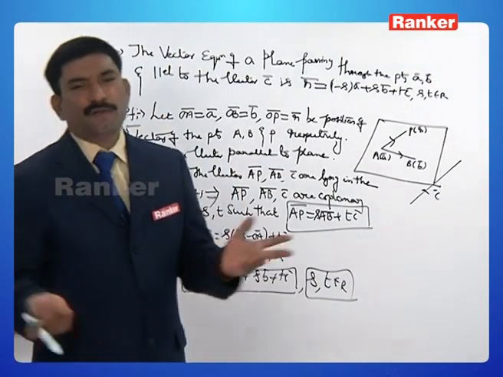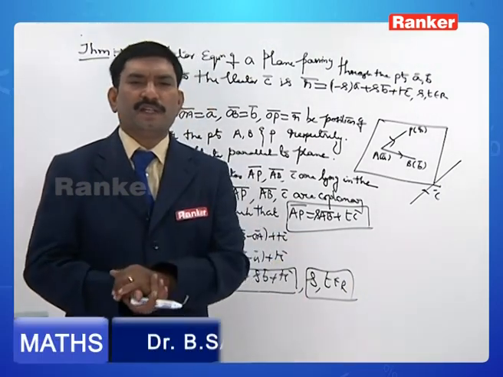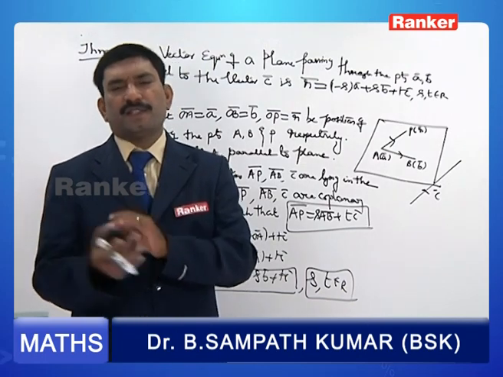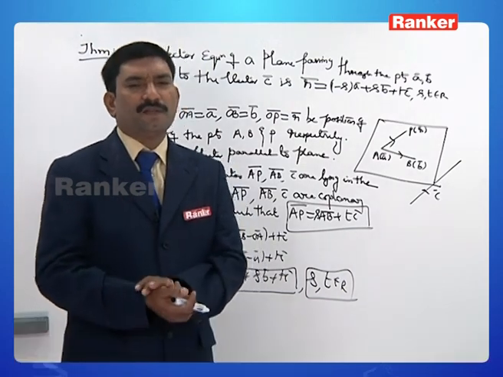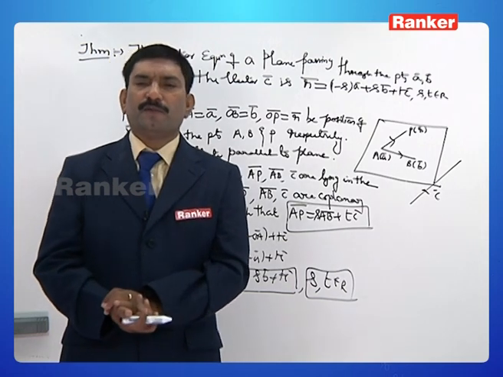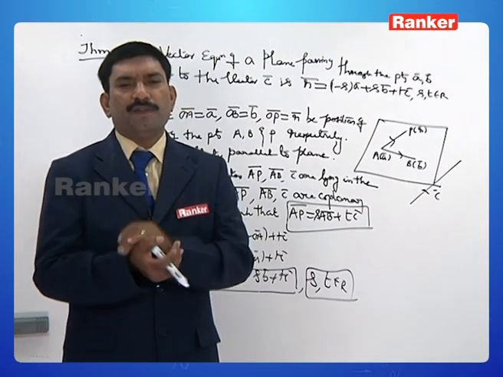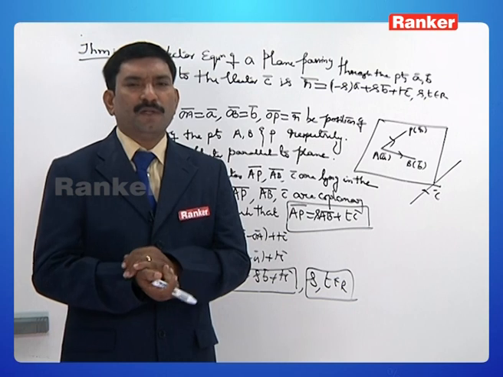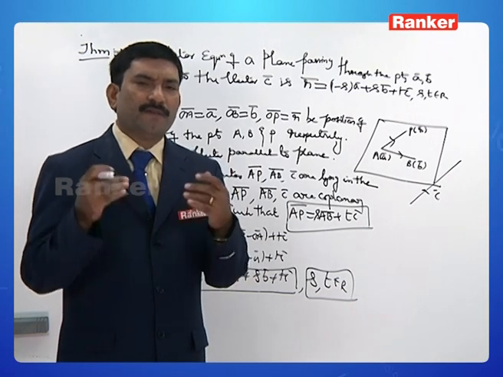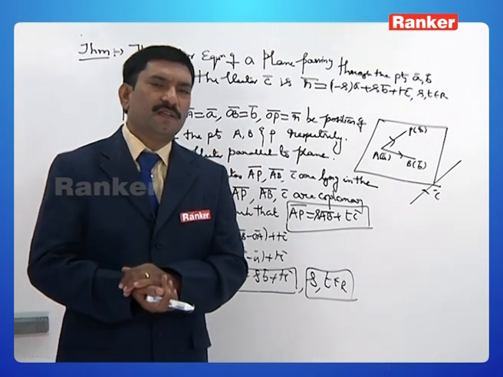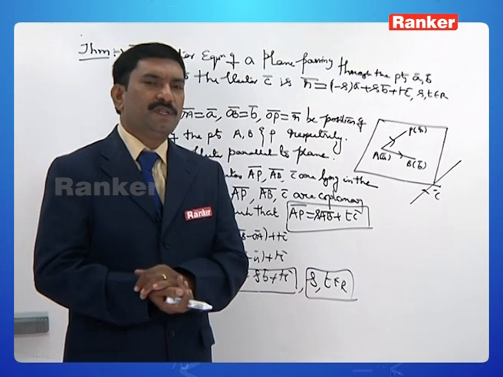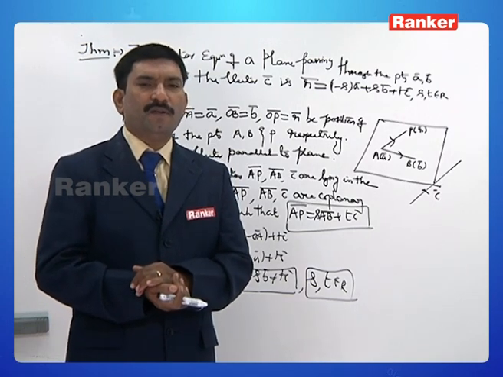We'll get it. How? As I told, the necessary and sufficient condition we come across next. The necessary and sufficient condition for any 3 vectors to be coplanar means the box product of those vectors is equal to 0. By using that concept, we can find the Cartesian equation of a plane passing through 2 points and parallel to 1 vector.